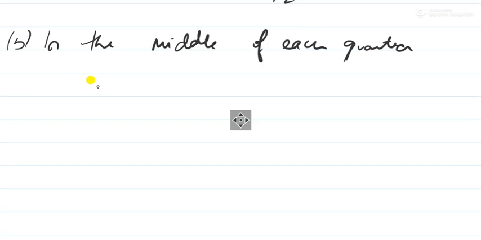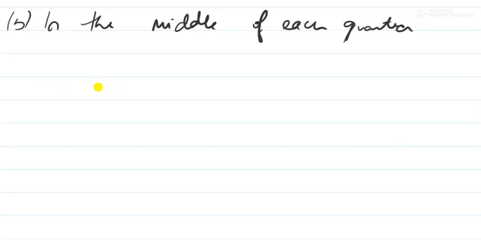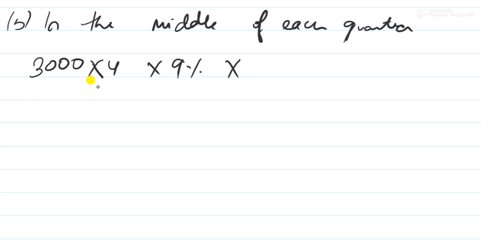So interest on drawings is 450. The second case, she withdrew the money in the middle of each quarter. So again 3000 has been withdrawn four times in a year. So 3000 into 4 into 9% into middle, right? So 6 by 12. So the interest comes to 3000 into 4, 12,000 into 9% divided by 12 into 6, which is equal to 540.